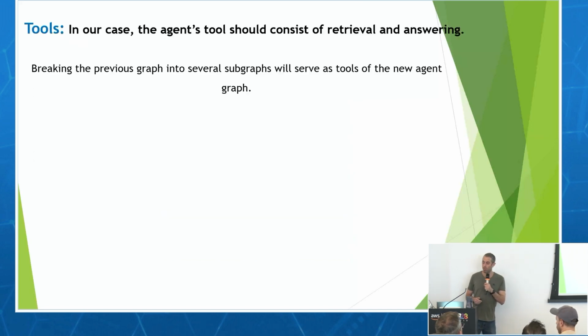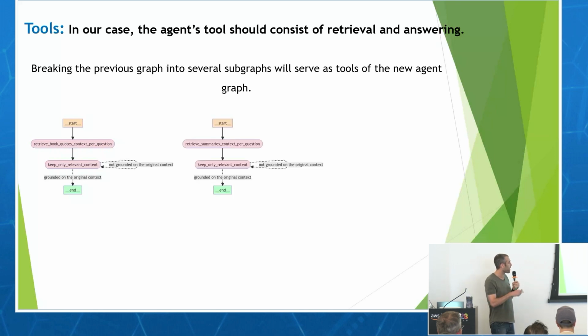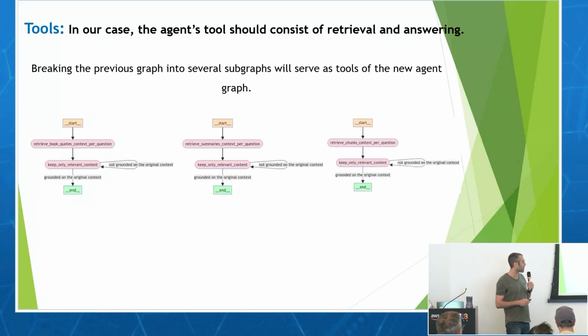Okay, so in our case, the agent's tools should consist of retrieval and answering tools. If we take the previous graph, the naive graph I've shown you just a few slides before, we can create three types of retrieval tools. First is going to be a retrieval for the quotes, which we also want to distill and keep only the relevant content. We want to do the same for the chapter summaries and for the chunks.